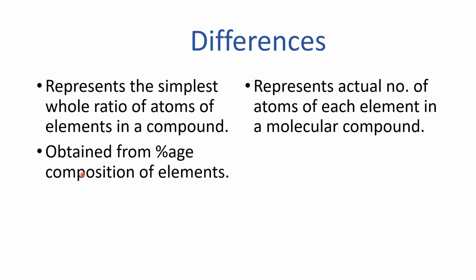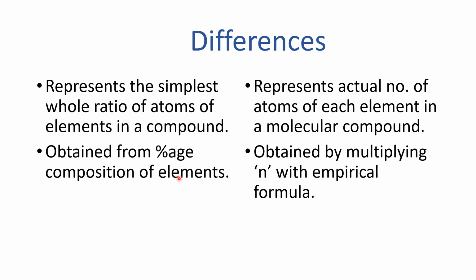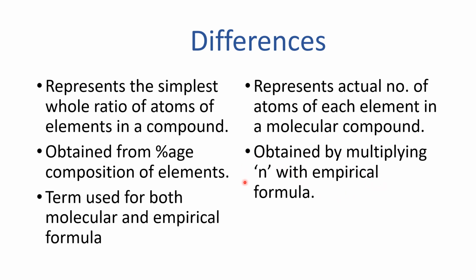Empirical formula is obtained from percentage composition of elements, molecular formula is obtained by multiplying n with the empirical formula. इसमें हमें number of moles calculate करने पड़ते हैं, जबकि इसमें हम simple empirical formula के साथ n को multiply करके molecular formula निकाल लेते हैं.